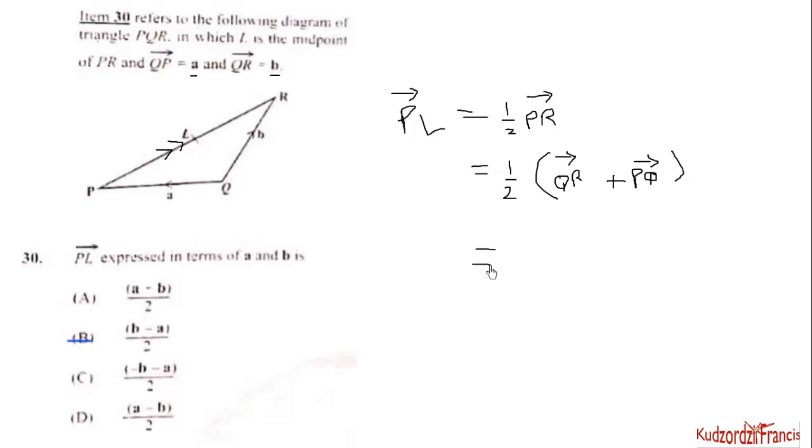But we know that QR is B. This vector is B. And we're given that QP is A, but we know QP is the negative of PQ.